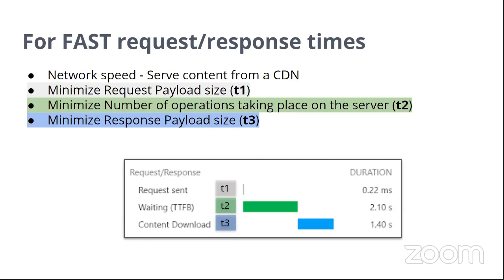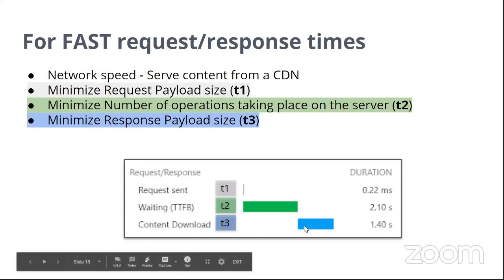What we ideally want is a fast request and response. For that, there are 3 things that we can optimize. One is to minimize the request payload size, which is the initial payload we send to the browser. Then minimize the number of operations that take place during the waiting period, which is T2, and then minimize the response payload sent back to the browser.